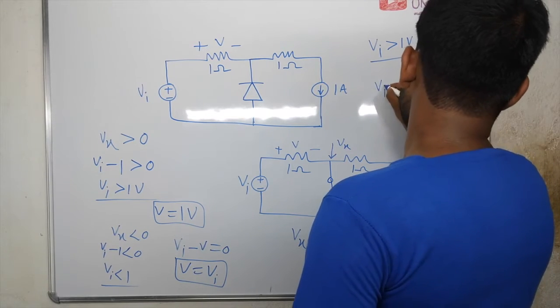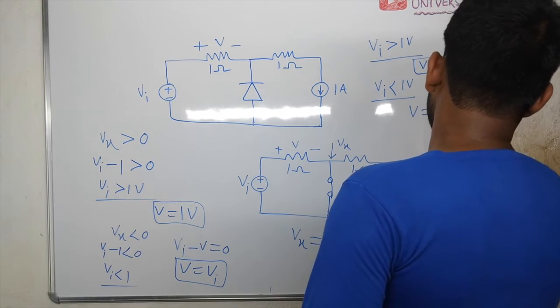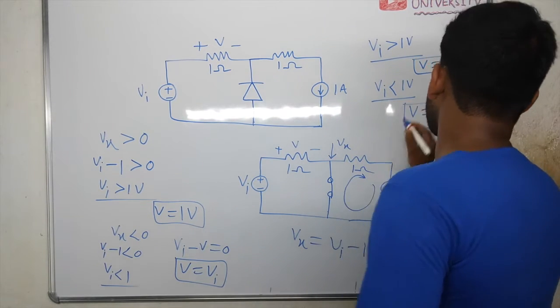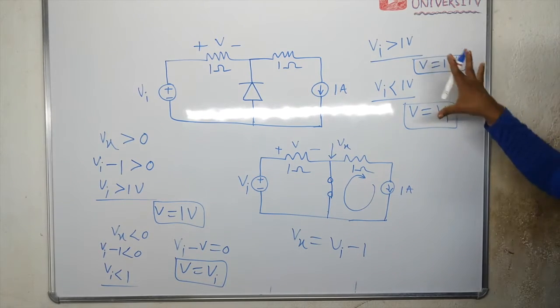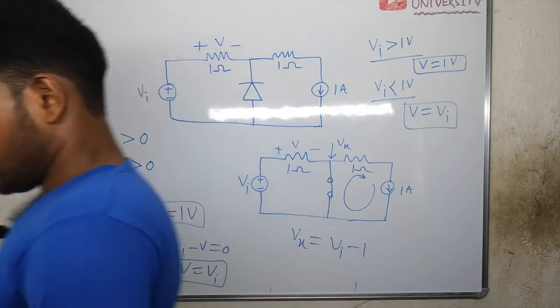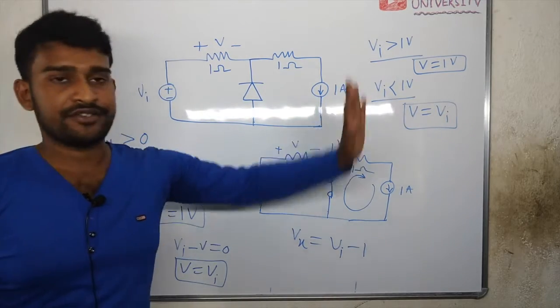And if your input voltage is less than 1 volt, then B equal to Vi. So these are the conditions of B. The question asks for the value of B, and this is your answer.